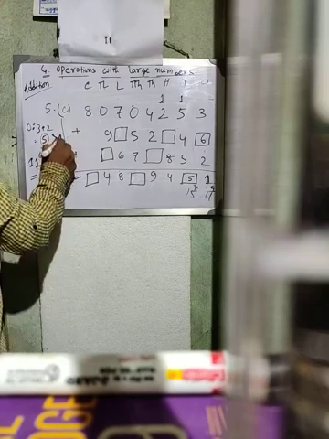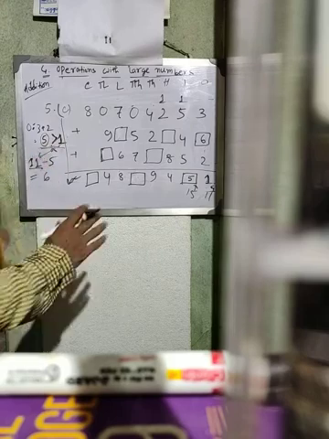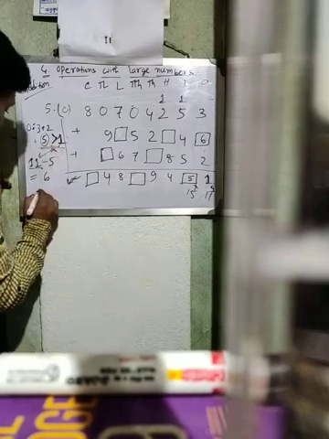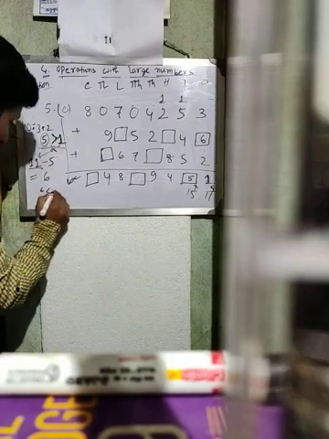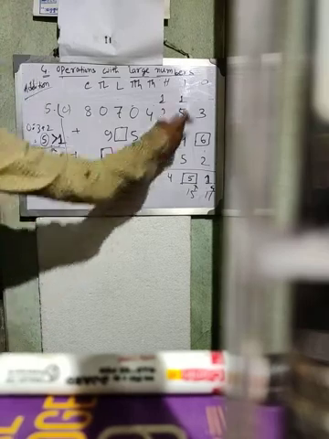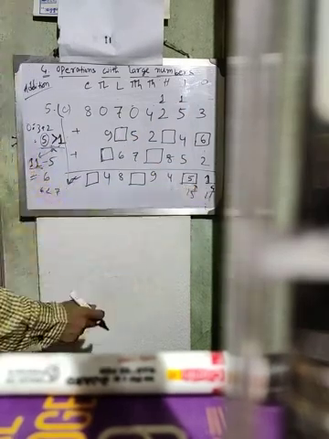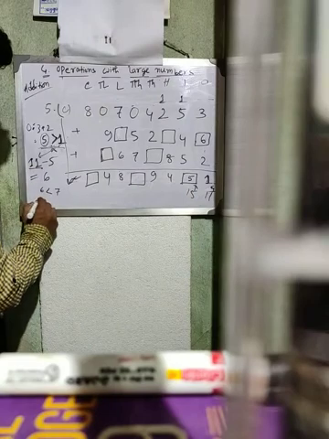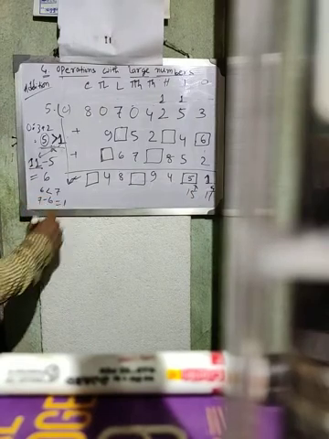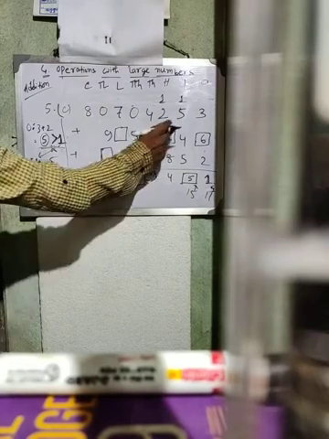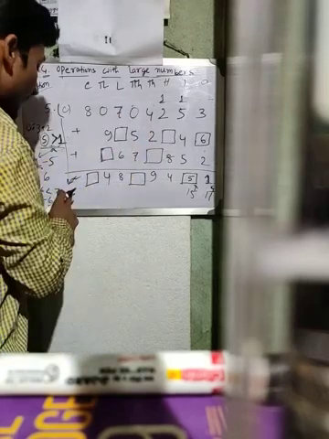So that means 1 plus 10 is 11. And for the reverse case, if this addition is less than this, then you have to just subtract, and this will be the digit at the empty place.